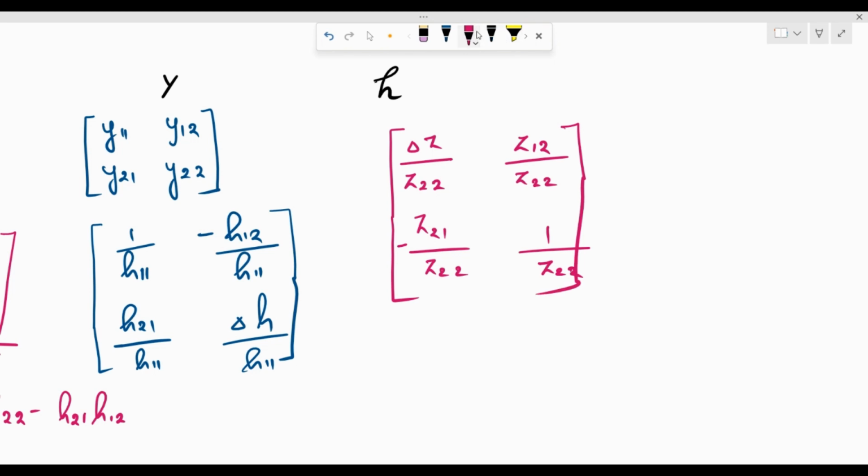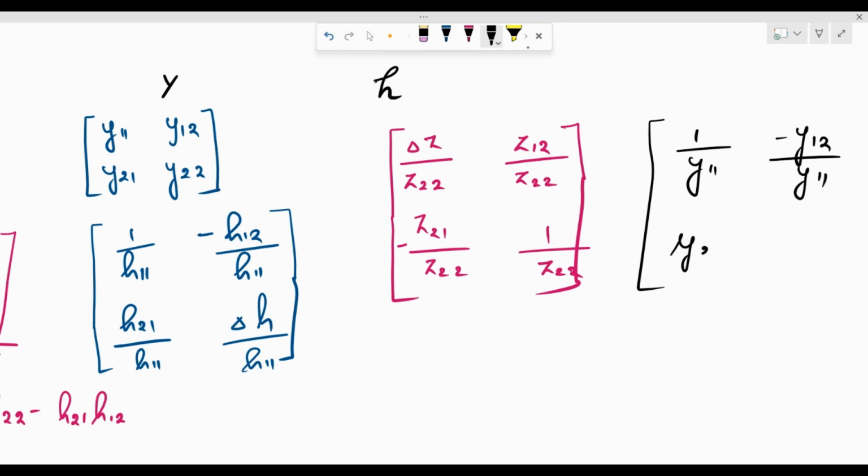And we can write the same thing, the H parameters, in terms of Y parameters. So that would turn out to be 1 by Y11, minus Y12 by Y11, Y21 by Y11, and delta Y by Y11.